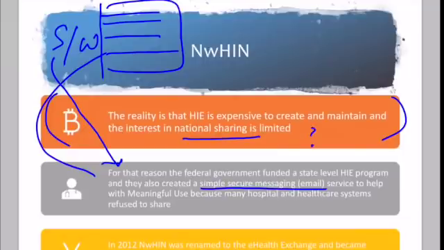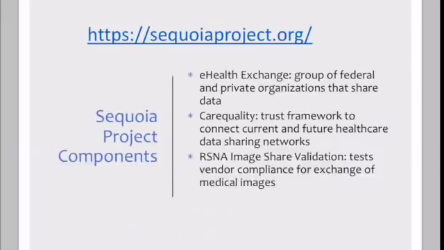In 2012, NWHIN was renamed eHealth Exchange, and later that same year they renamed the project to the Sequoia Project. You can go to their About section for details.